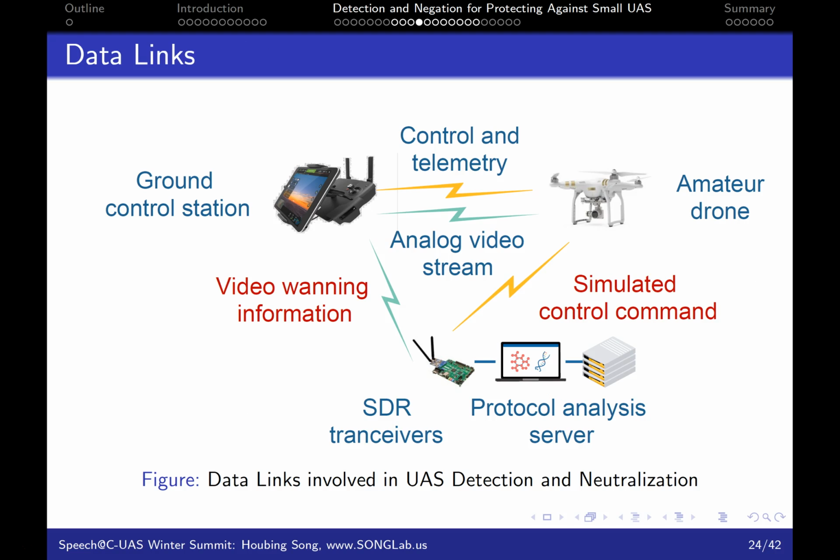So the data links involved in the UAS detection and neutralization are like this. Here, it's a ground control station. We have the emitter zone, with unsafe and unauthorized operations. Between the ground control station and the approaching UAS, there will be control, telemetry, and analog video stream.